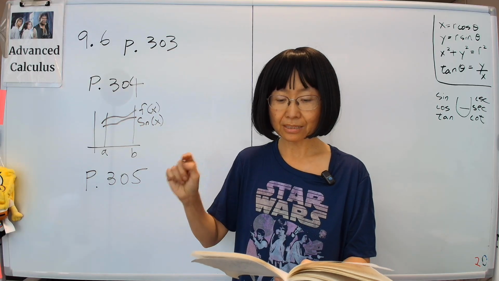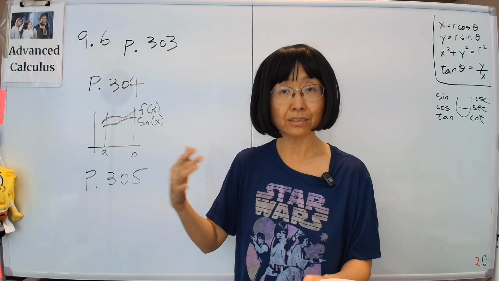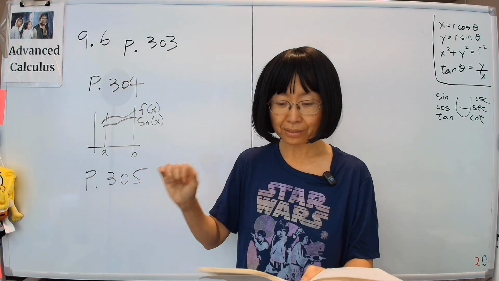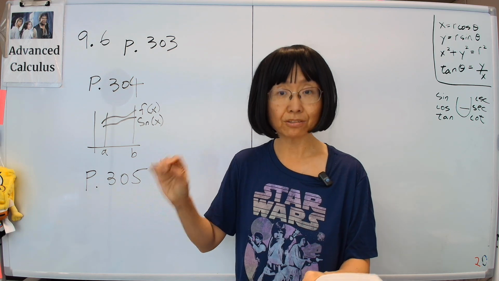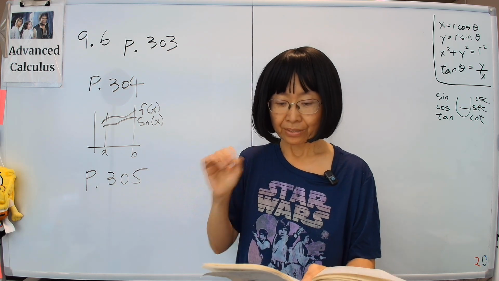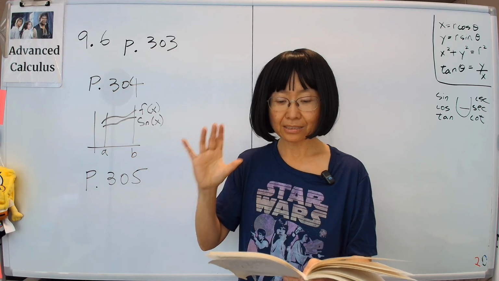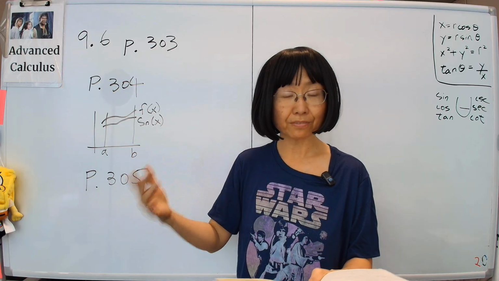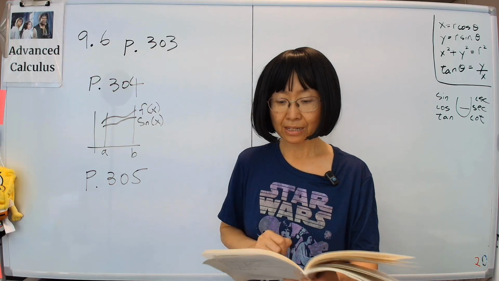Now the next condition says that the infinite sum of the derivatives is uniformly convergent. If that is the case, then the sum of the infinite derivatives will converge to the derivative of f itself.